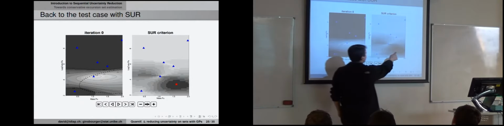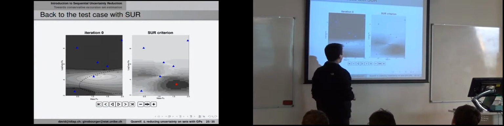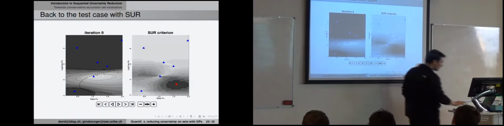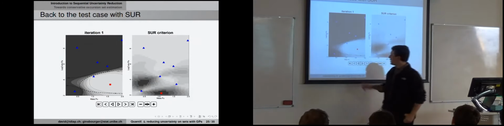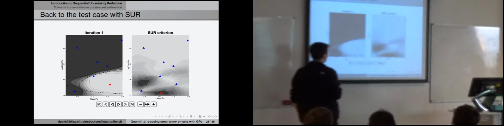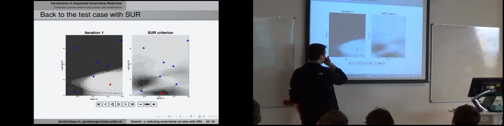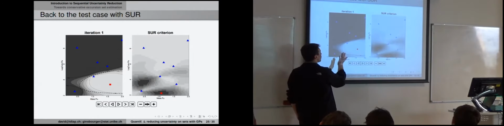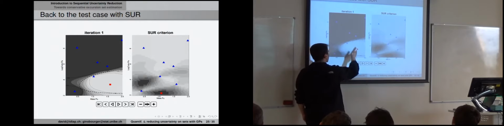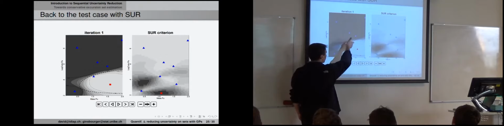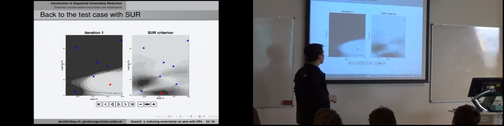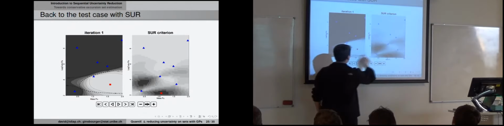So the criterion tells you should better put a point around there. So then you do that, and putting this point is going to reduce a lot the uncertainty, in the sense that you had a lot of gray regions where you were not really able to know whether you're in excursion or not, and now you see that you have more black and white regions, and the regions where you're not very confident are shrinking, and you are next invited to visit around there.